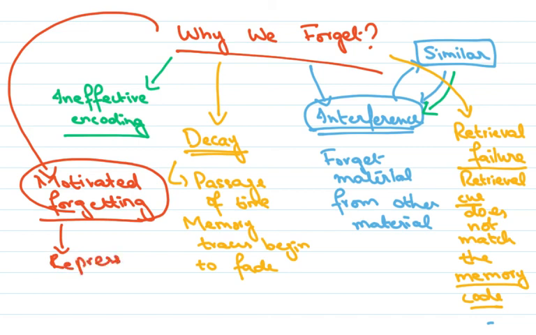This phenomenon is understood as motivated forgetting: whatever causes you a lot of stress or anxiety, you choose to forget that part of your life or that particular memory. And these are all of the different factors that are implicated in why we forget.